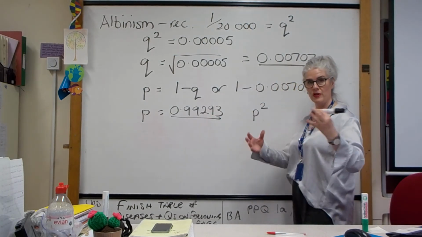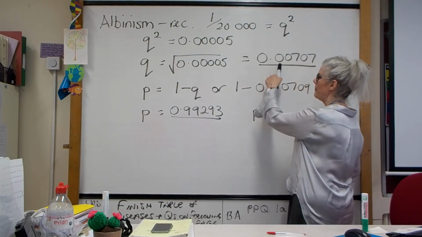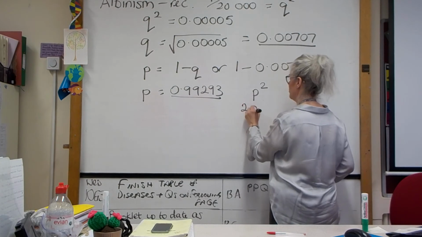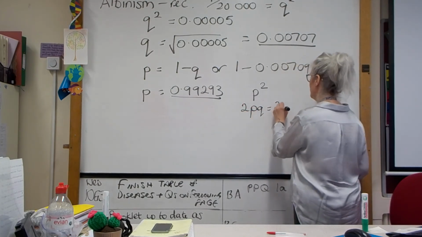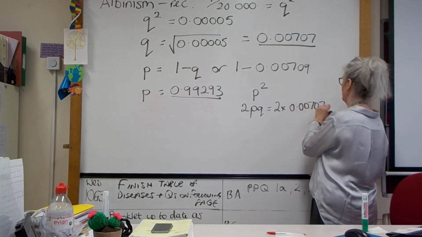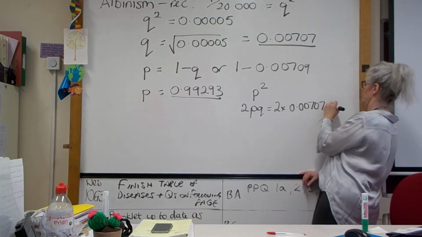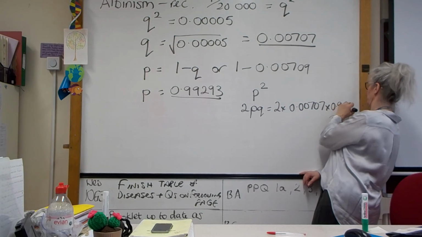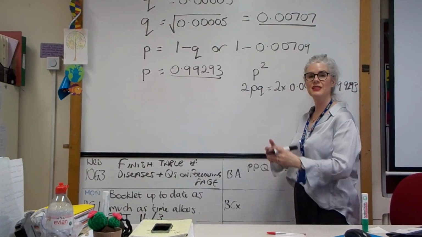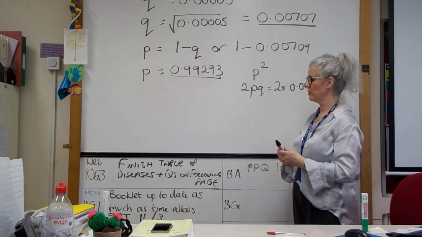Because you've got p and q, you could work out 2pq, which would be 2 times 0.00707 times 0.99293. I've run out of space. Okay?